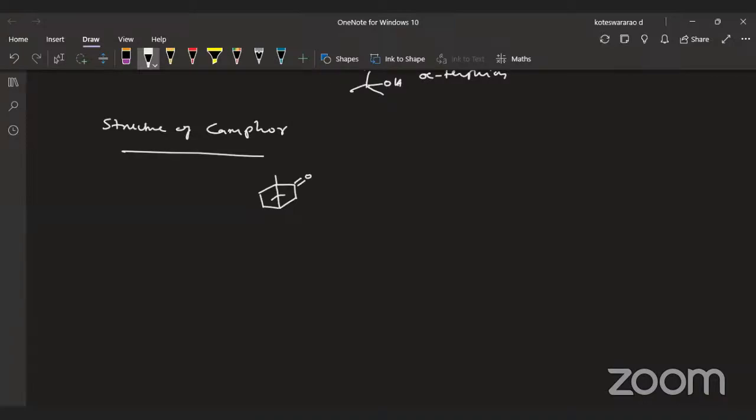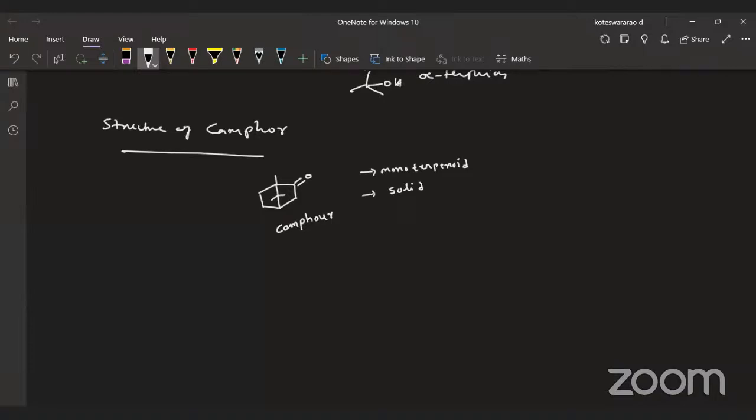Now this is camphor. The structure of camphor. It is a monoterpenoid, and it is a crystalline solid.